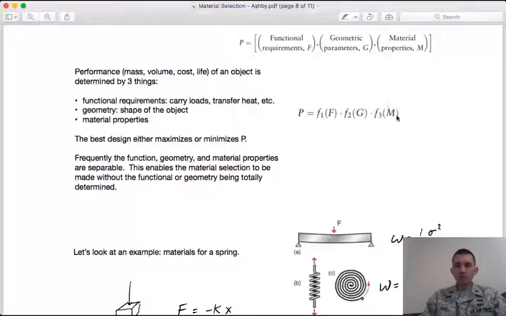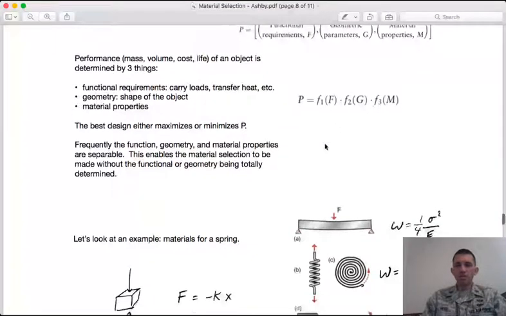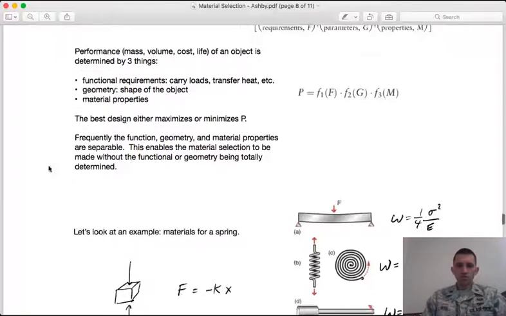Because if I can isolate only the material properties, then that allows me to zero in on a particular chart and make a good material selection and not consider the functional or the geometry as heavily, because for a given geometry and a given function, I'm going to have the same contribution from those factors, and I can just look at the contribution due to the material selection.